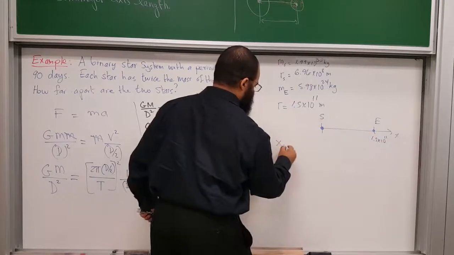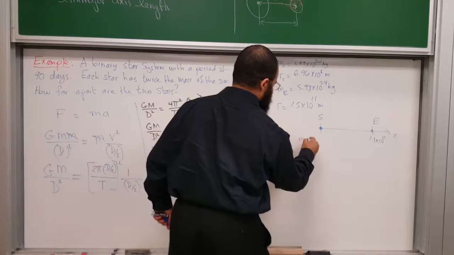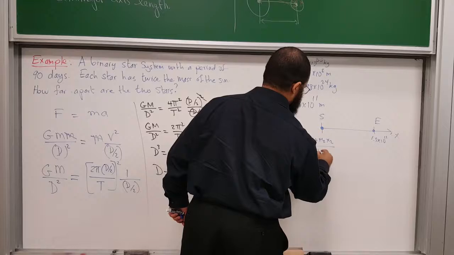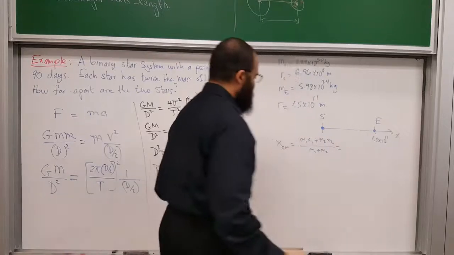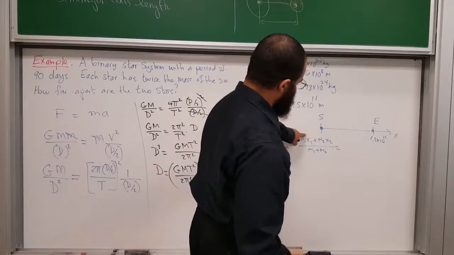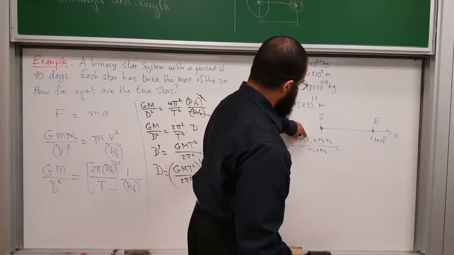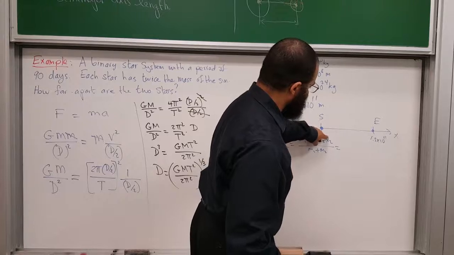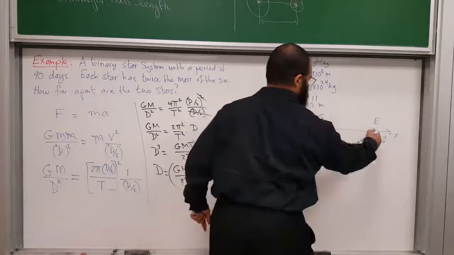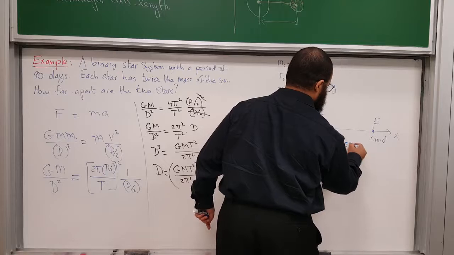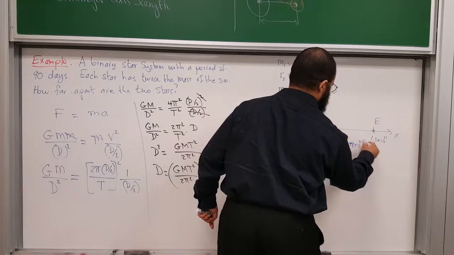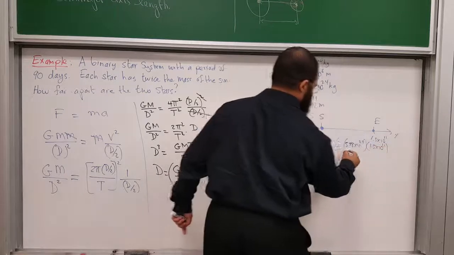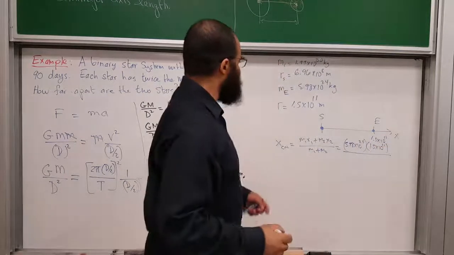The position of the center of mass will be, remember, m1 x1 plus m2 x2 divided by m1 plus m2. m1 x1 is the mass of the Sun times the position of the Sun, which is at 0, so this is 0. Then the mass of the Earth is 5.98 times 10 to the 24 times the position of Earth, 1.5 times 10 to the 11th. And here, the mass of the Sun plus the mass of the Earth.